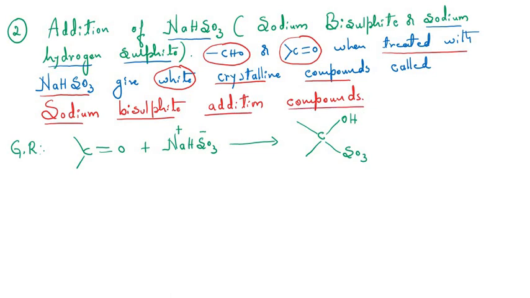Here I have written the general reaction. GR stands for general reaction, and this can be an aldehyde or a ketone. When treated with sodium bisulfite, we get sodium bisulfite addition compounds.